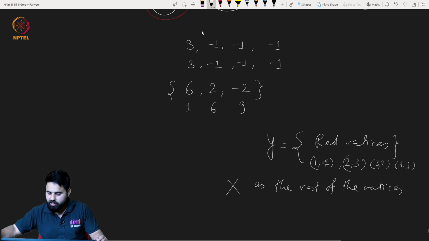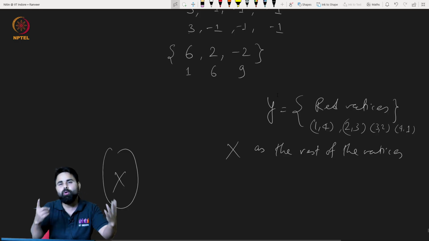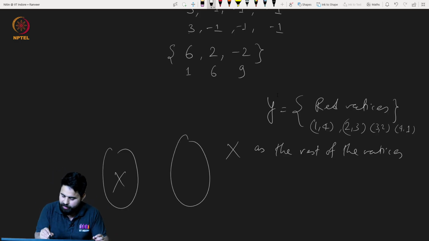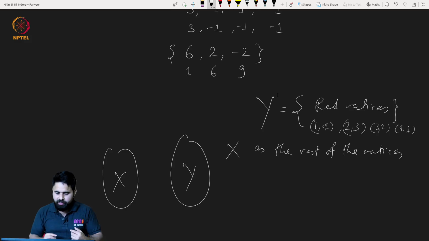So basically, if you see the GM switching, there is just one partition, and that is the special partition, X, Y. Let me do it with a capital Y.